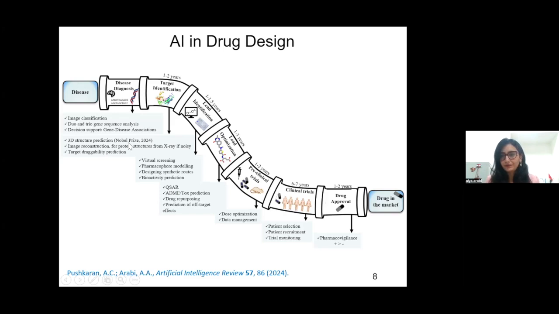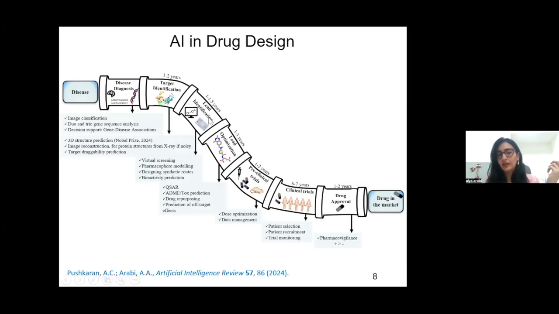So and here in 2024, one of the Nobel Prize teams was for developing the AlphaFold tool that is about predicting the 3D structure of a protein should it be thought of as a target.